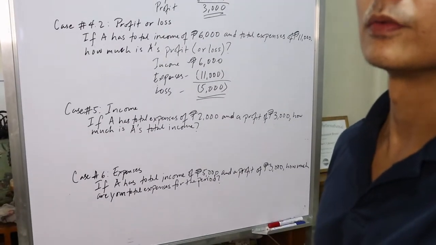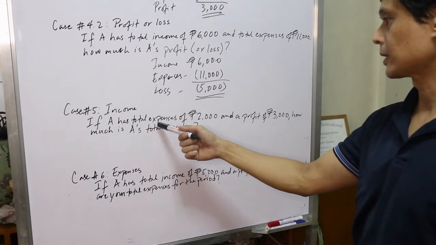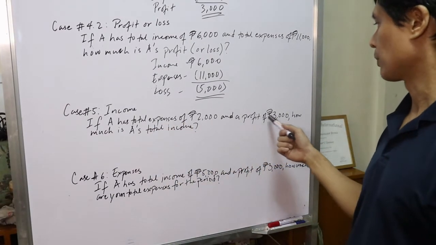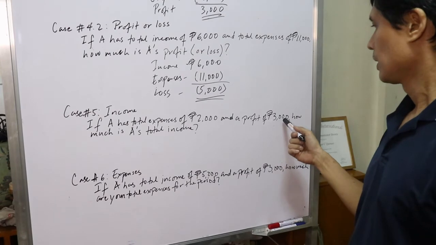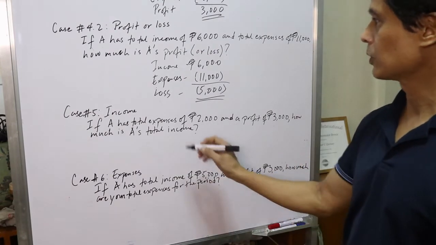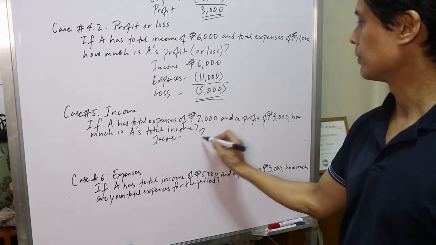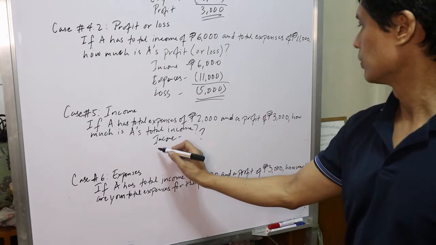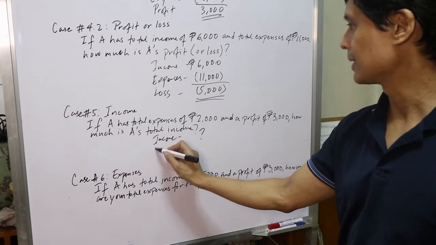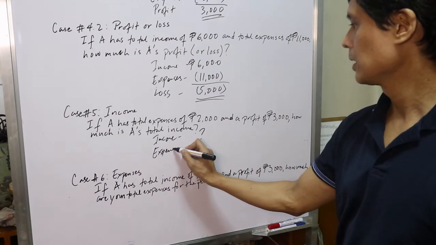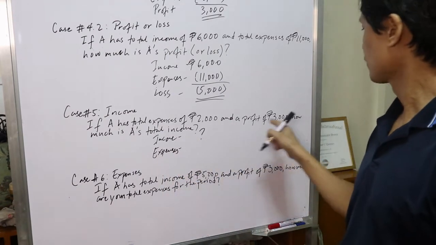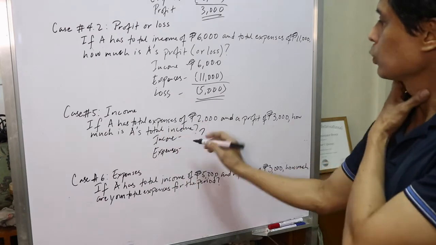There. So if A has total expenses of 2,000 and a profit of 3,000, how much is total income? So ito naman this is the missing one. So yung expenses niya, this is expenses. Expenses is how much? 2,000.